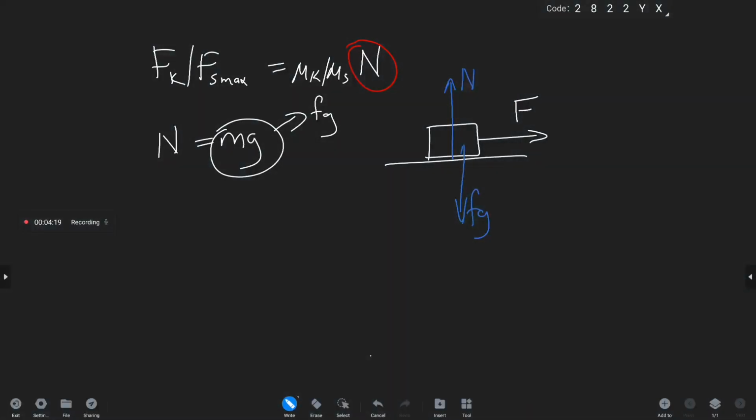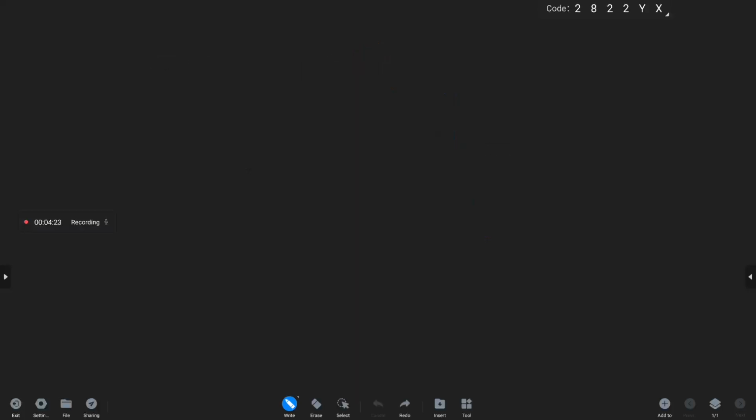And then we move on to a bit more complex, but not that complex. We find normal force being equal to mg, which is of course Fg, minus F sine theta, which you will see from the diagram, F sine theta being equal to the vertical component of the applied force.